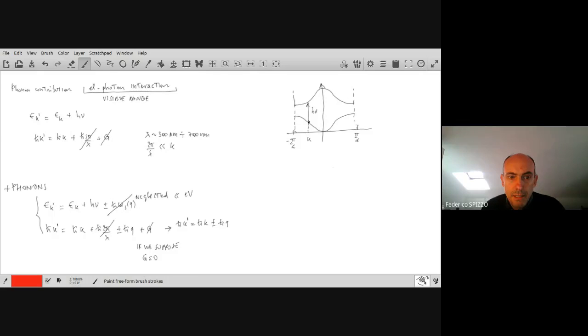So the idea is that the change in energy will always be induced by the photon. So the vertical change is always due to the photon contribution, but the horizontal change is controlled by the phonon. So, for instance, also this final point here can be accessed if we just consider the energy requirement. So the final energy has to be over this line for this fixed value of the photon.